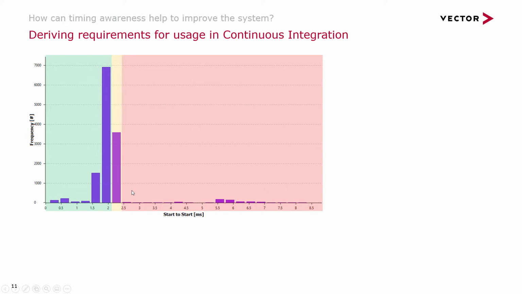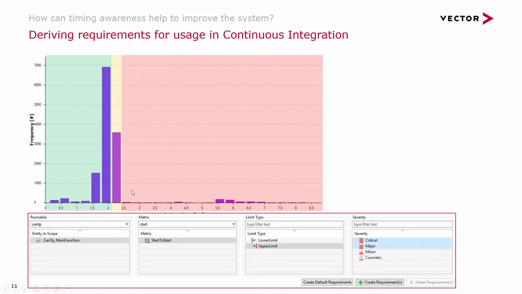So let's define requirements as shown here. How can we do that? In the TA tool suite, there is a requirements editor available, so you could search for the runnable that you want, in this case the CAN-TP main function. We want to apply the metric start to start. We want to define an upper limit with critical and major requirements violation.